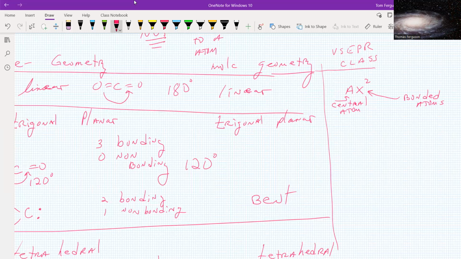Okay, the A stands for the central atom, and there's X, and there's two of them, so that's X squared. That connotes actually, it's not X squared, it's a subscript 2. That means there are 2 bonds to that central atom.